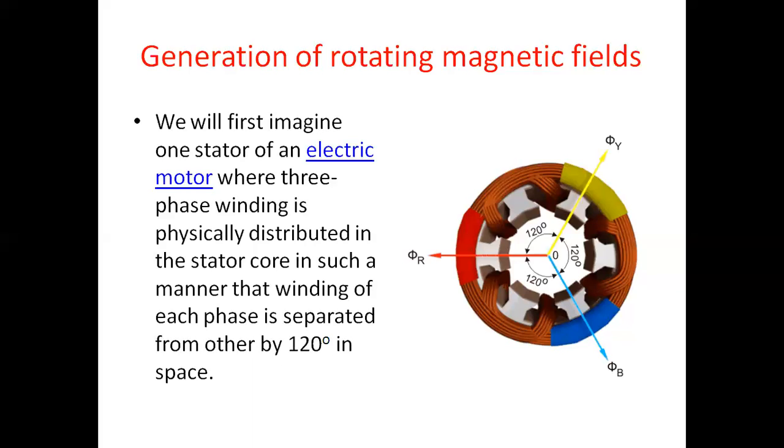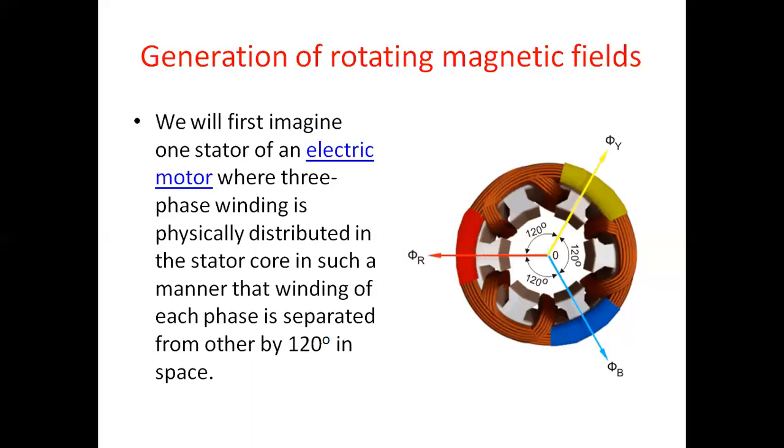Phase means a set of windings. Three-phase means three sets of windings. They are separated in space by an angle of 120 degrees. What is the stator core? We will discuss that later today.